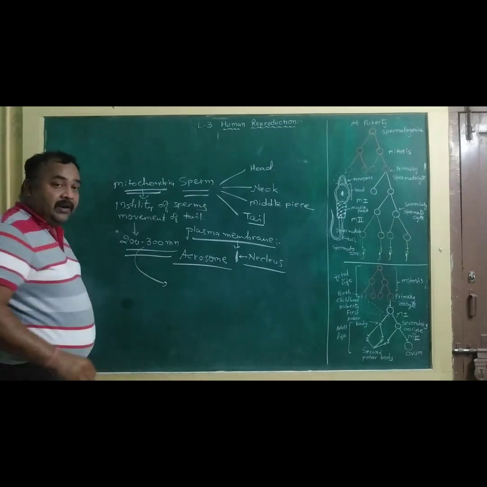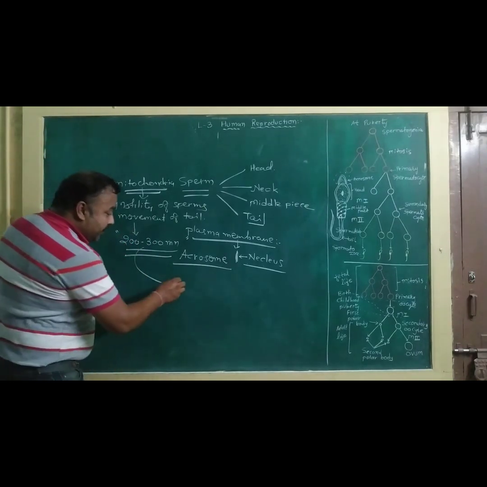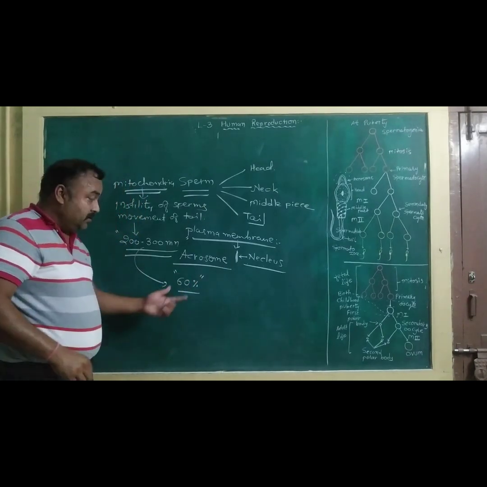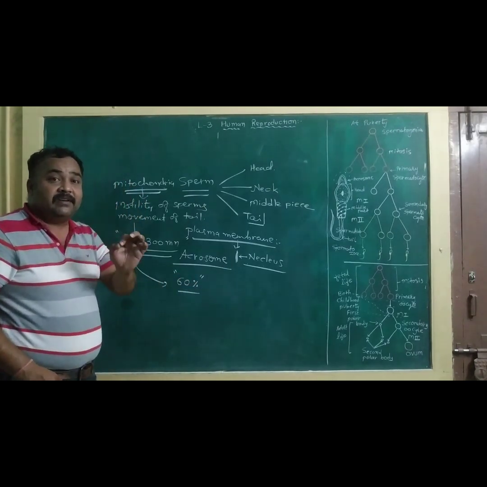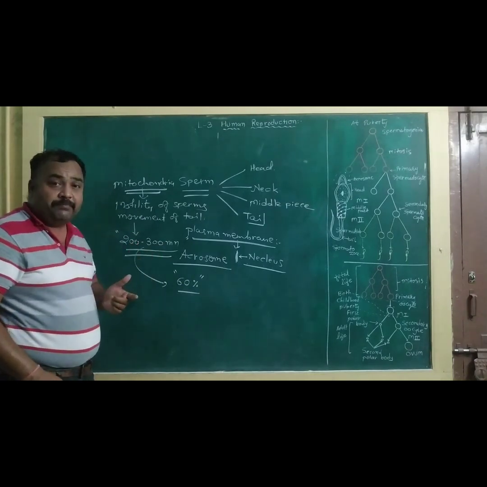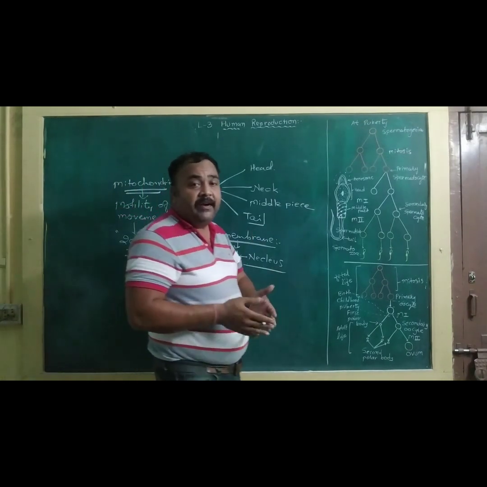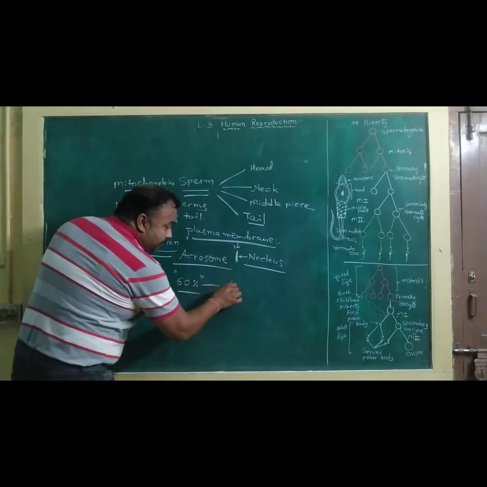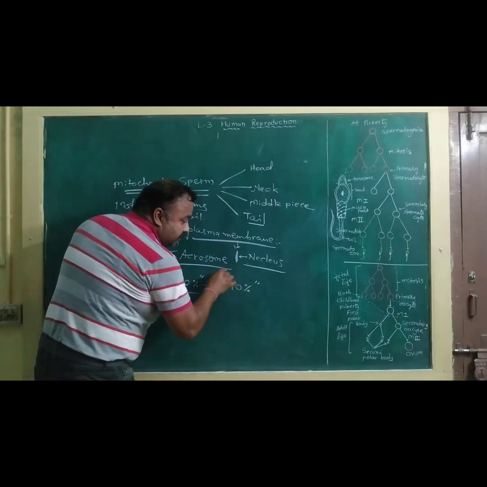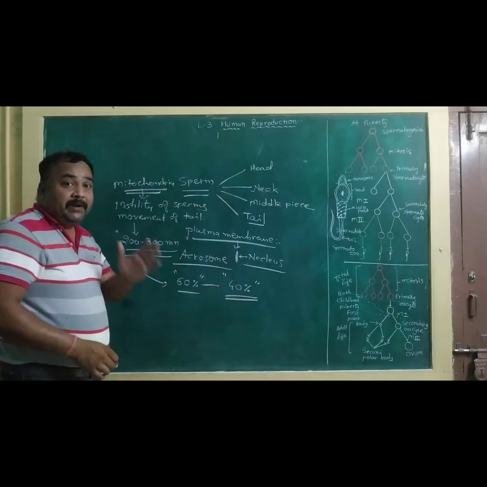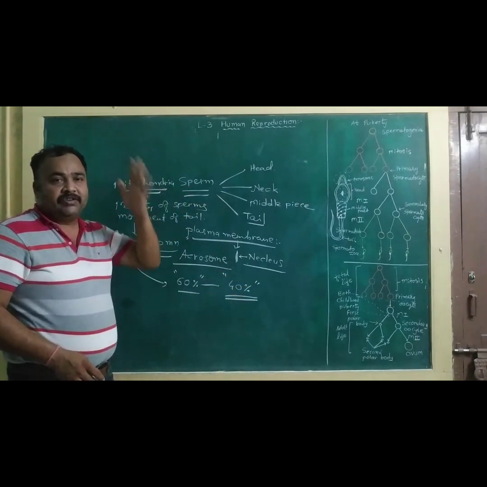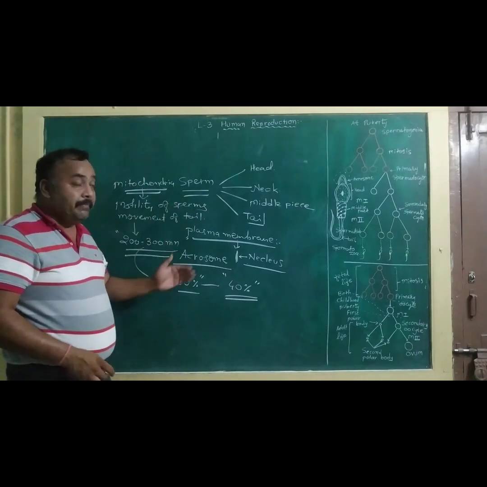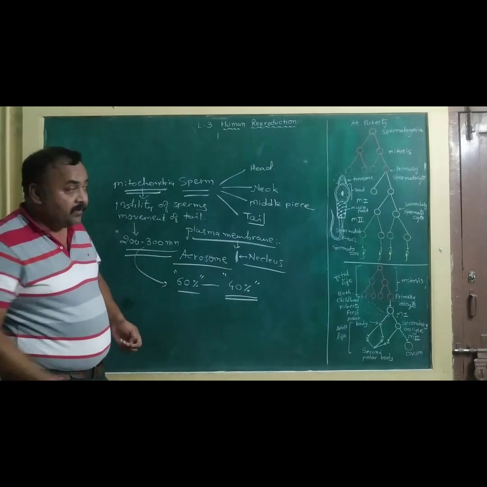And for normal fertilization, it is required that 60% of the total ejaculated sperms must have definite shape and size, and 40% of the sperms show complete motility to reach the ova for fertilization. So this is the basic requirement for fertilization.